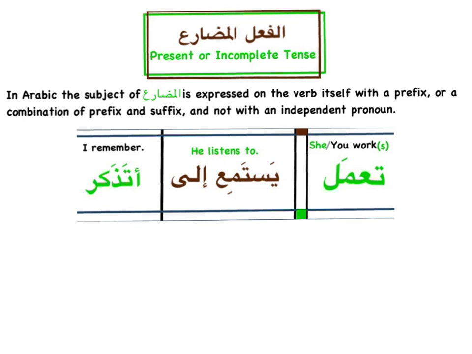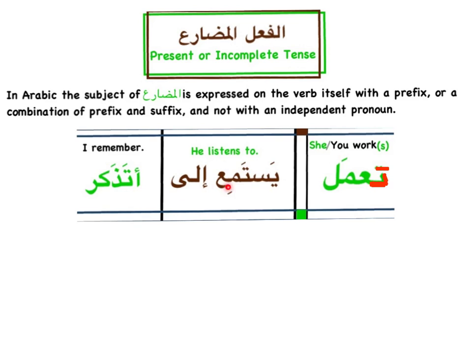So let's take a look at تعمل as in هي تعمل, she works, or you can say أنت تعمل. And we can say it without using the independent pronoun, because here we have a prefix ta, and it means you or she. So أنت تعمل, هي تعمل.